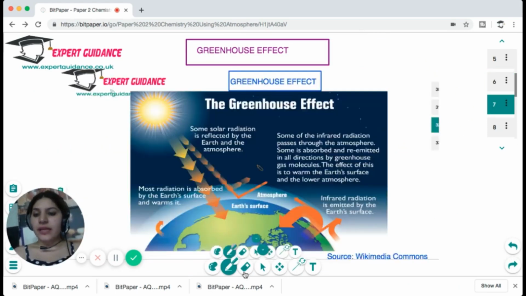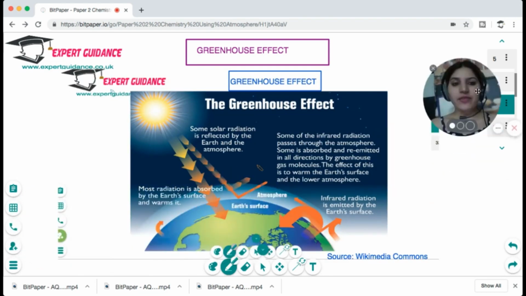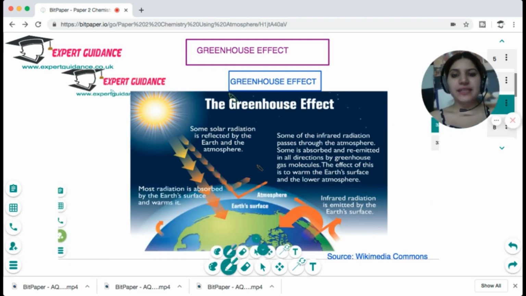Now, the important thing that is very hyped these days is the greenhouse effect. Now, what is the greenhouse effect? We have already covered the greenhouse effect in ecology and biology as well. Some solar radiation that comes to the Earth's surface is reflected back, and there's a blanket of greenhouse gases.